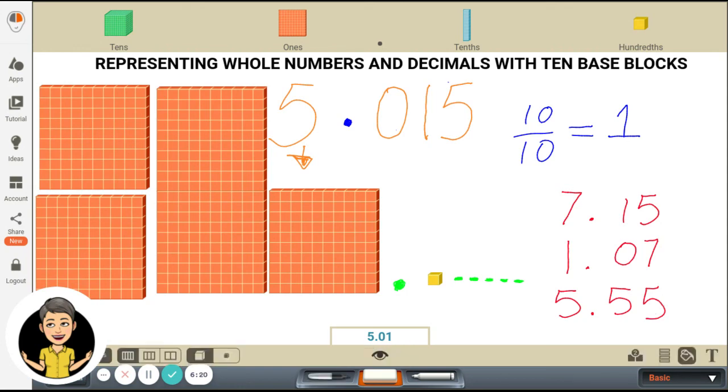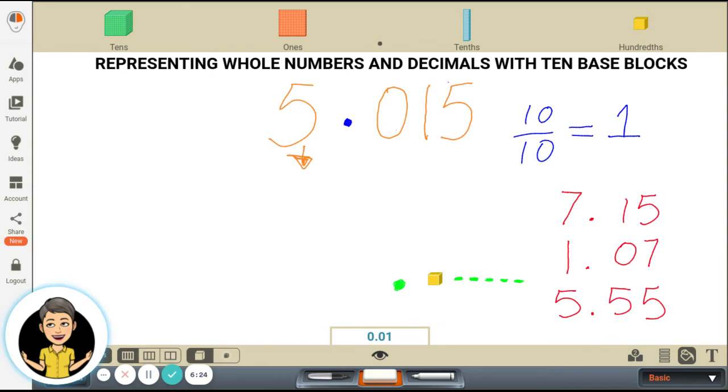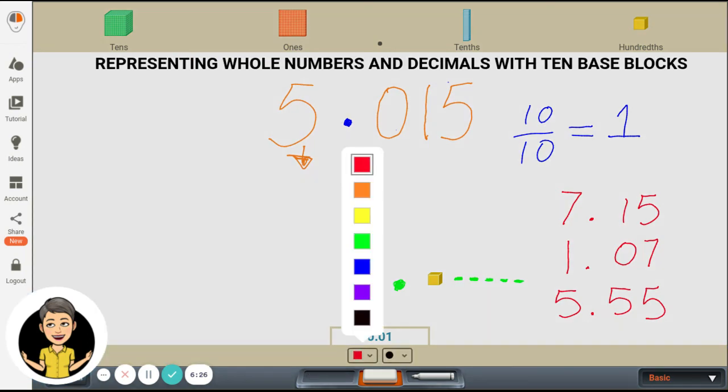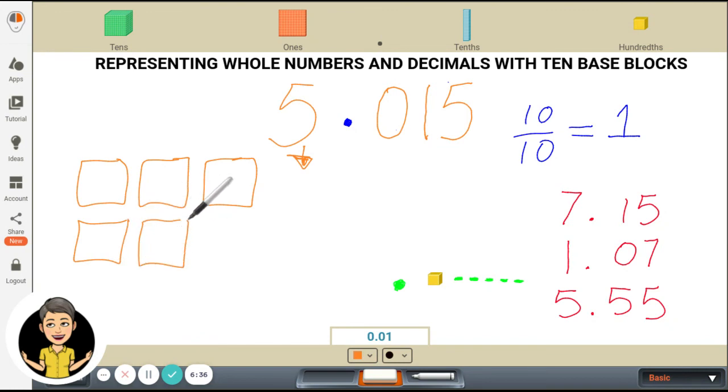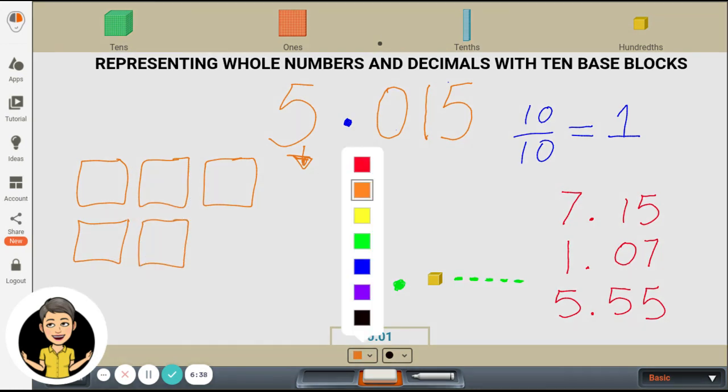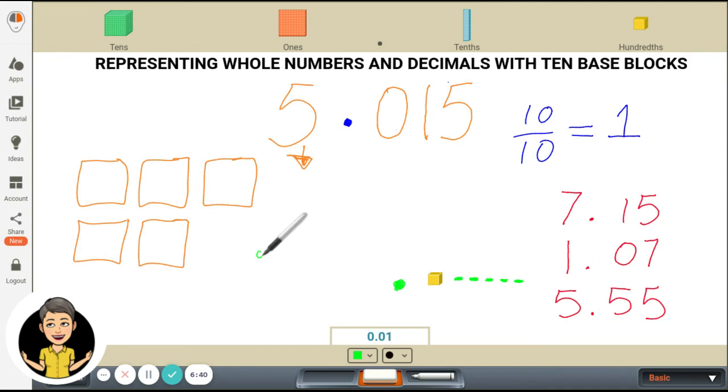Let me just show it to you super fast. If I want to represent 5 wholes here, I will do this. 1, 2, 3, 4, 5. Then I add my decimal. I will go ahead and represent the tens. I don't have any.